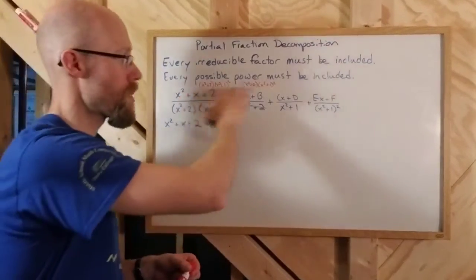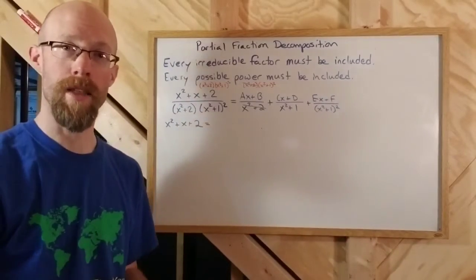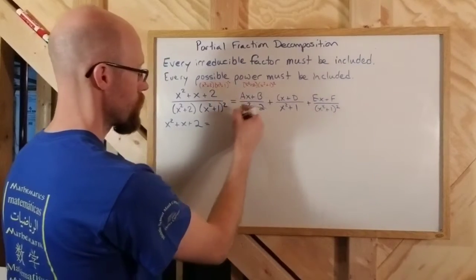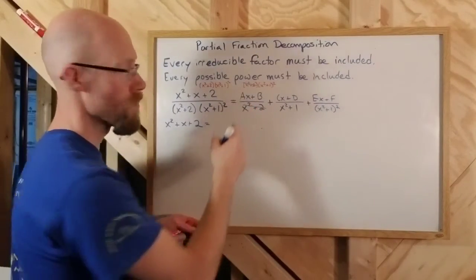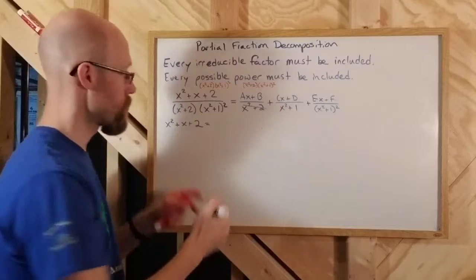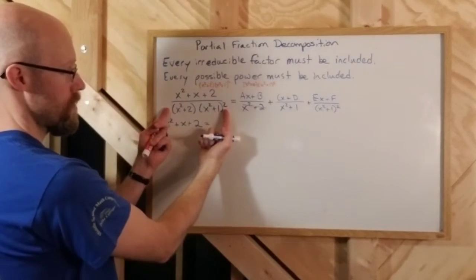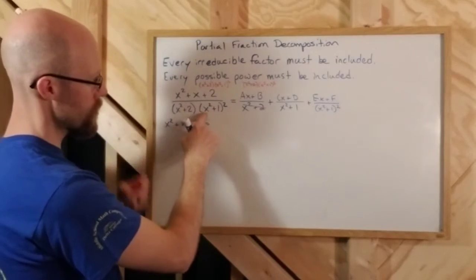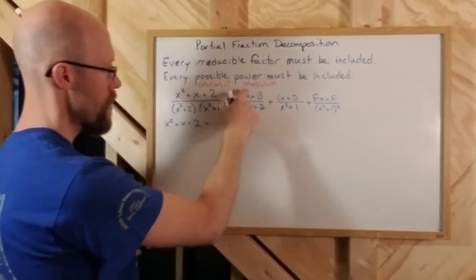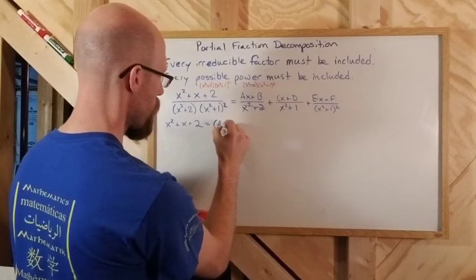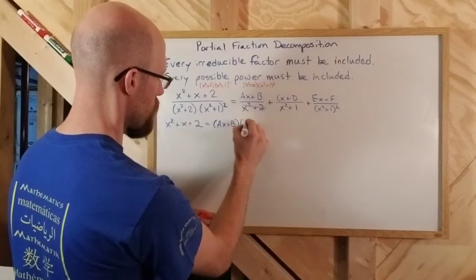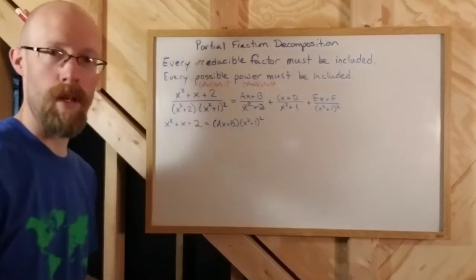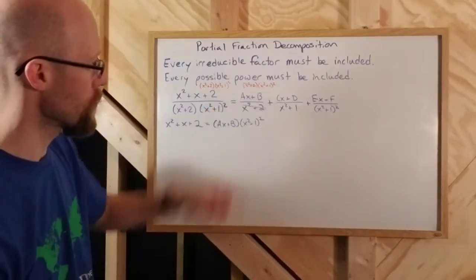So instead of writing this out and canceling every time, I'm just going to apply that rule: the denominator cancels and you multiply the numerator by whatever factors are missing. Looking at this denominator on the left, what's missing is the x squared plus 1 squared, so I multiply the numerator by that. So ax plus b times the quantity x squared plus 1 squared. That makes sense.